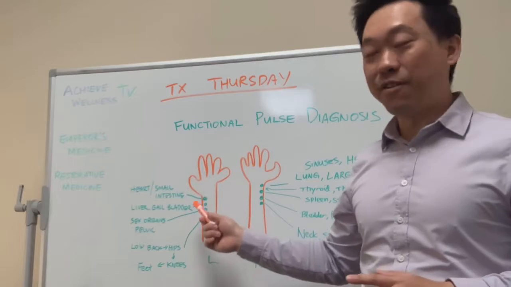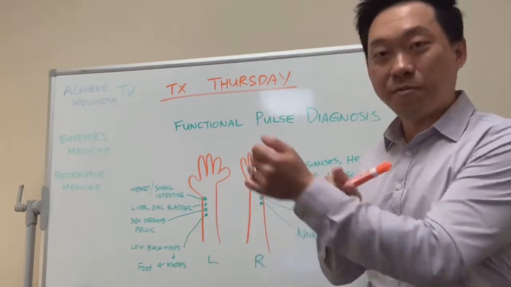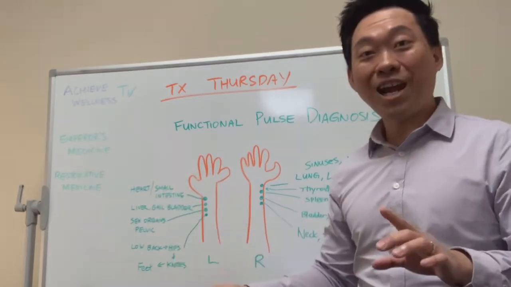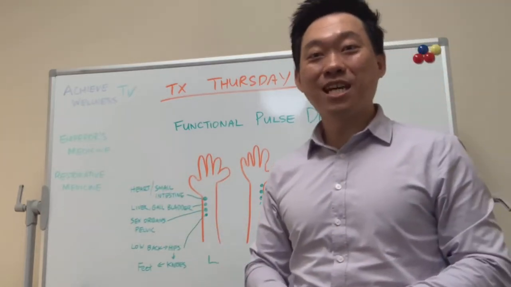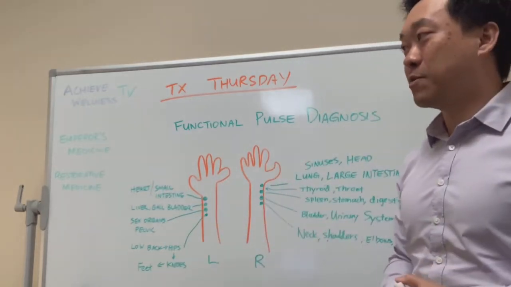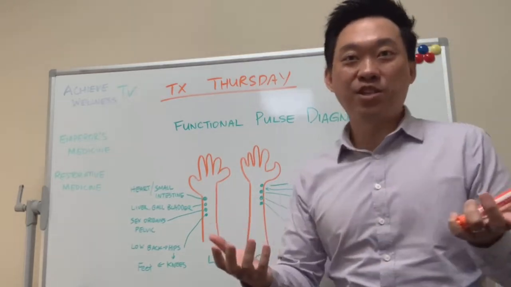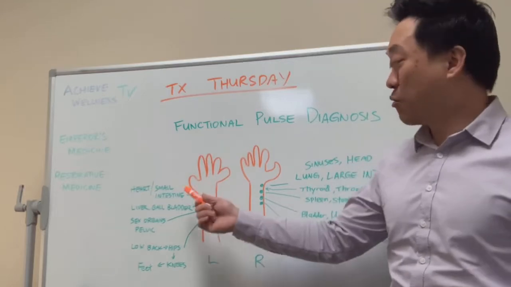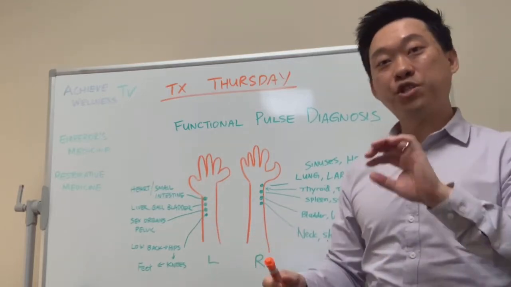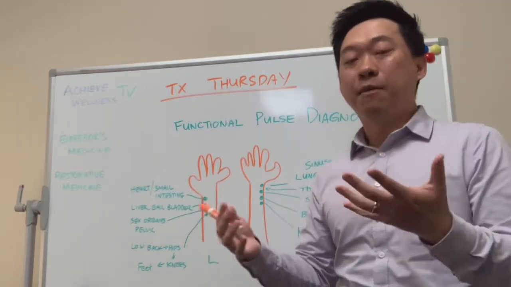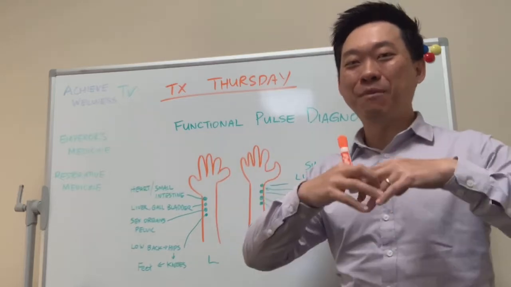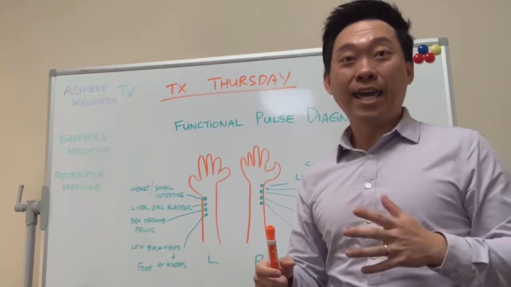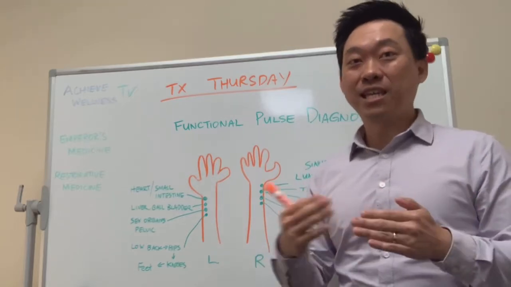On the left side of the pulse, the first section corresponds to your heart and small intestine. For example, we have patients with gluten sensitivity or celiac disease, and in this section we will feel their small intestine is inflamed. Maybe we'll feel some mucus, or a lot of inflammation. That's how we can tell if the small intestine is getting better.